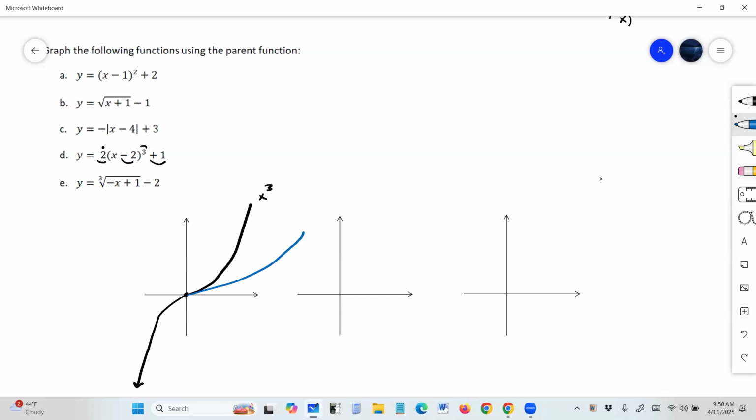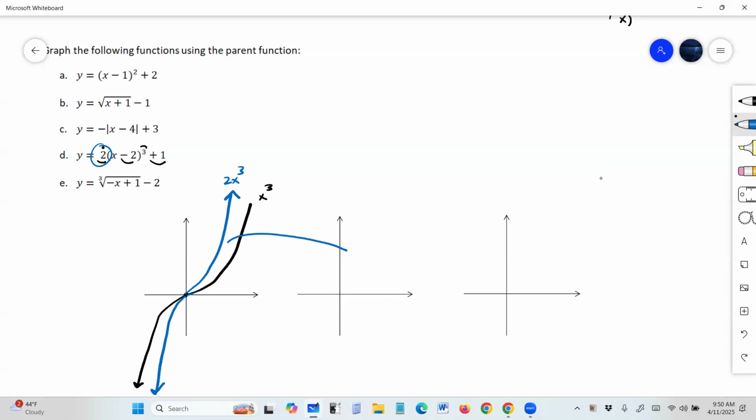No. This is a typical mistake, and that's why I'm not covering dilations on these functions other than the sine and cosine function. So the number 2 here would make the function go faster, and it would look like this right here. So this would be 2x cubed. And on the negative side, it would go here.